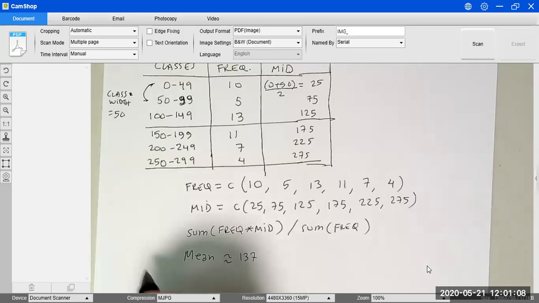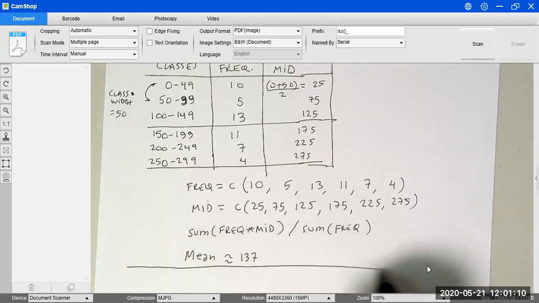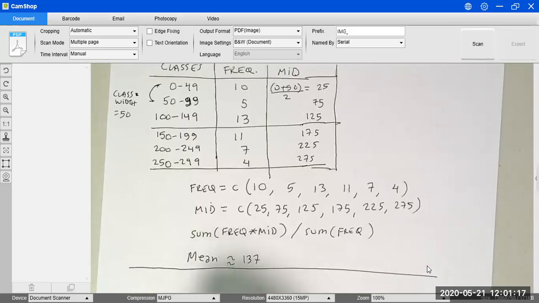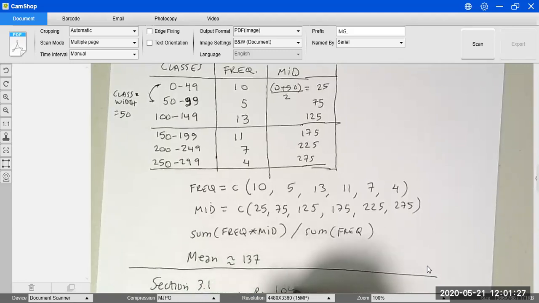So now you're gonna apply the same procedure. You're gonna work on 4 problems. This is also on section 3.1 exercise set on page 104.